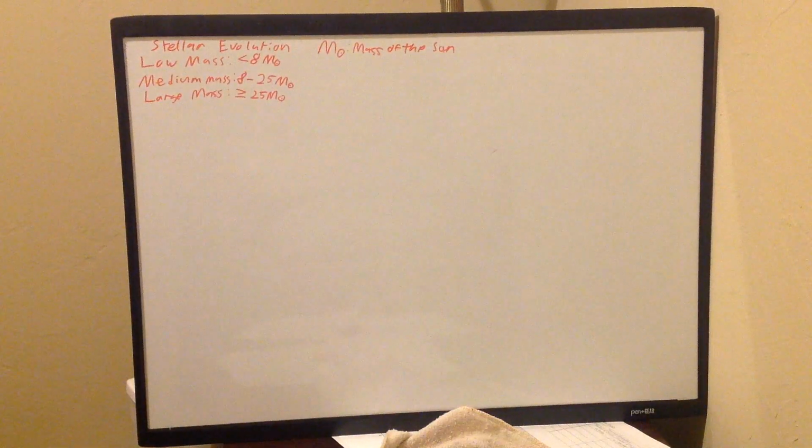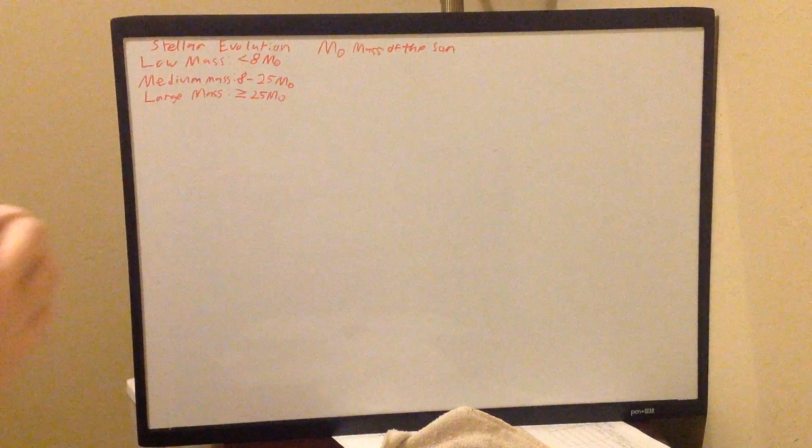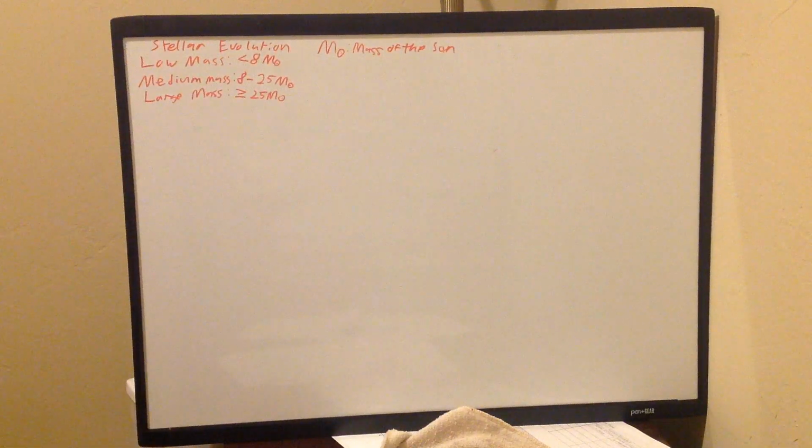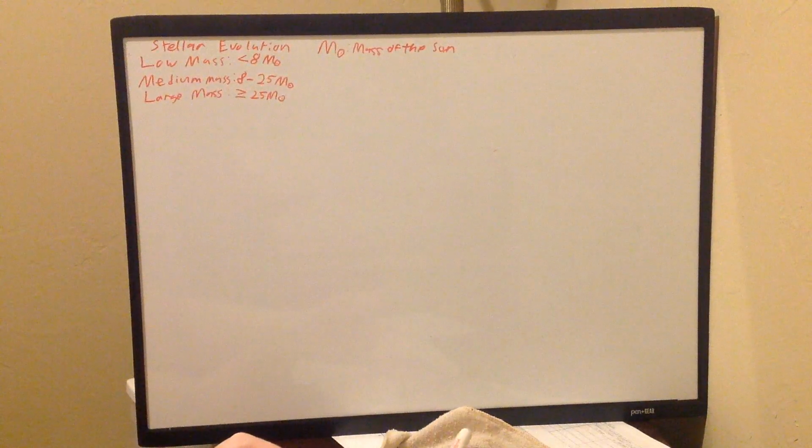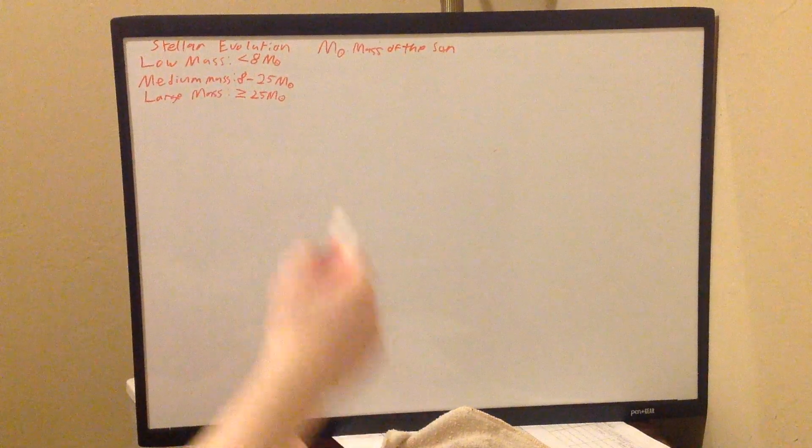So, to start off, some quick establishing of terms. For the purposes of this topic, I'm classifying stars into three categories: low mass, medium mass, and large mass. And I'm defining them as follows.